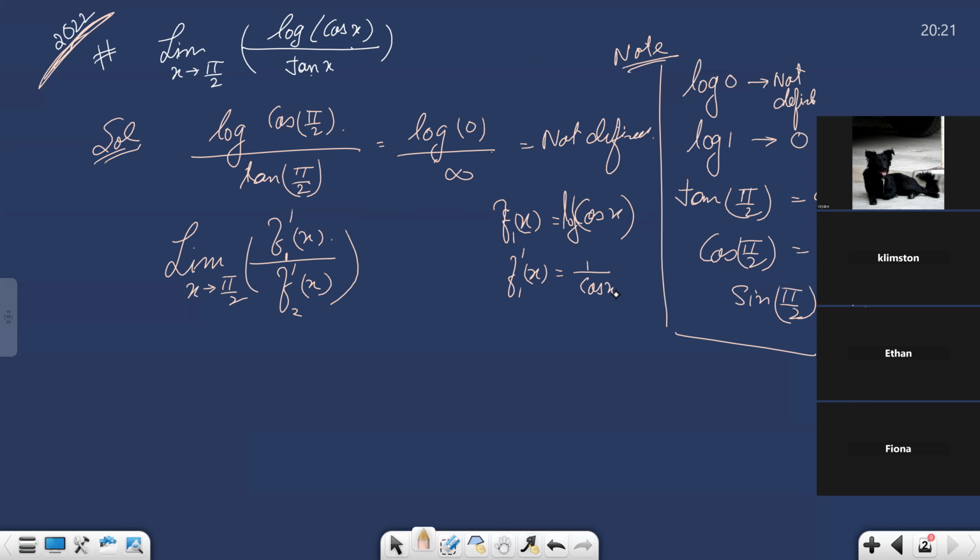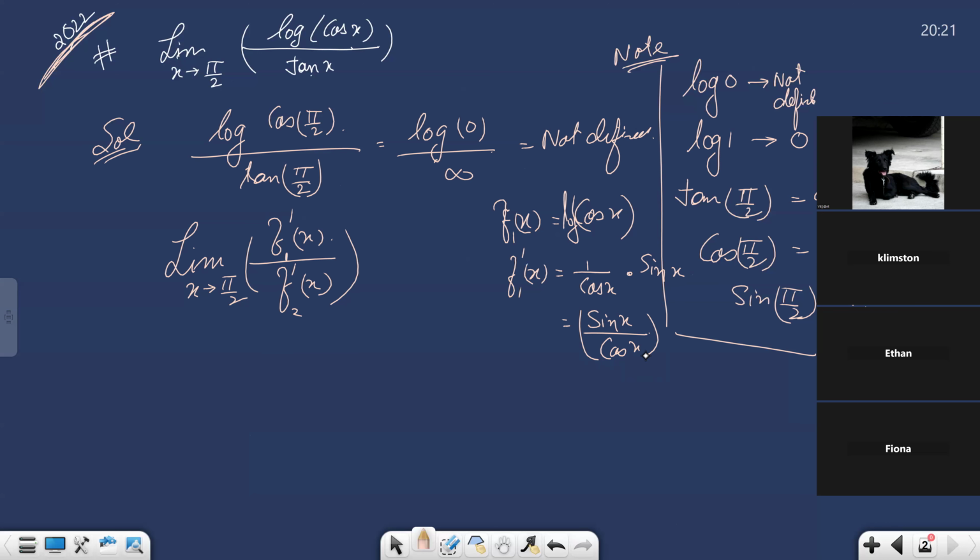This is the log derivative. Then go inside and differentiate, that is your cos, which gives sine x. So this is the numerator part, and therefore we get sine x upon cos x. Keep it as it is. You can convert it into tan also if you want.